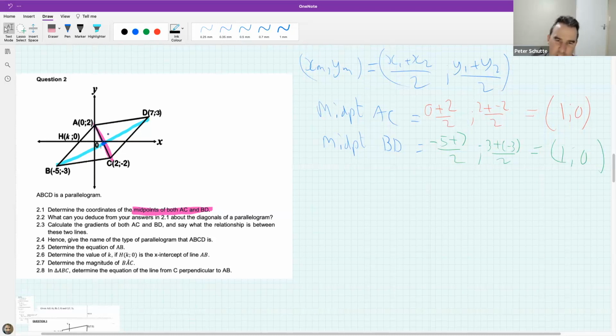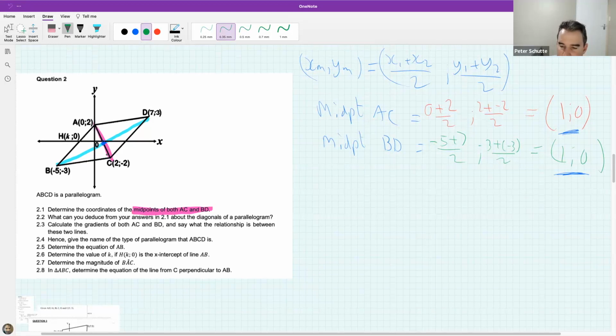Now, does anybody know what that means? I'm curious if anybody knows, because when that happens, it means something quite interesting. I'll tell you in a moment. So they intersect, okay, they do intersect, but what's important is if the midpoints are the same, what we say is the diagonals bisect each other.